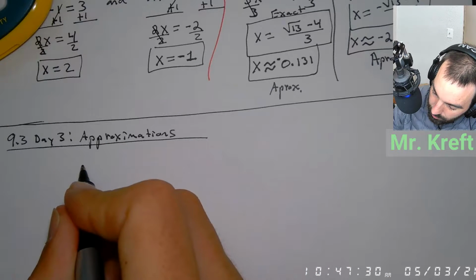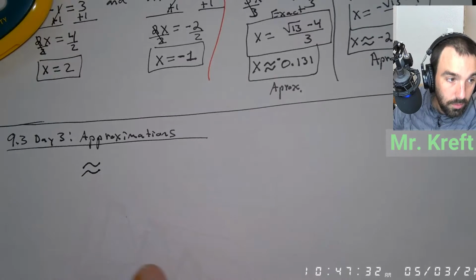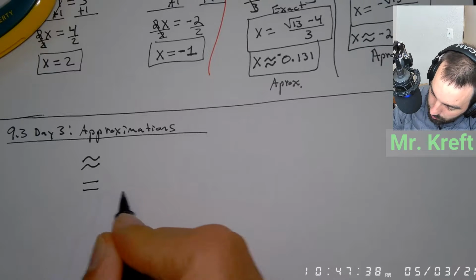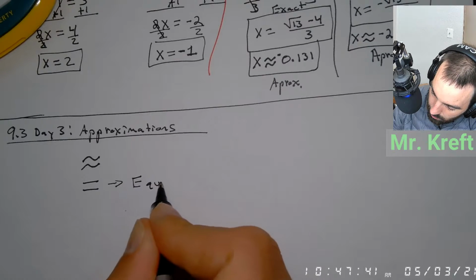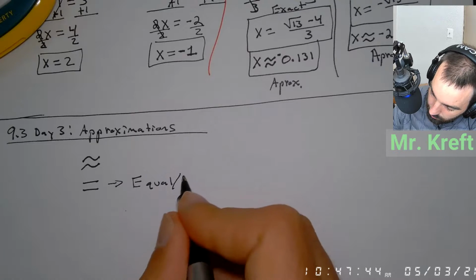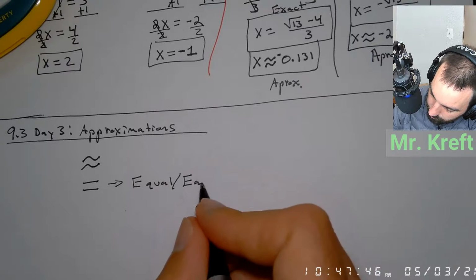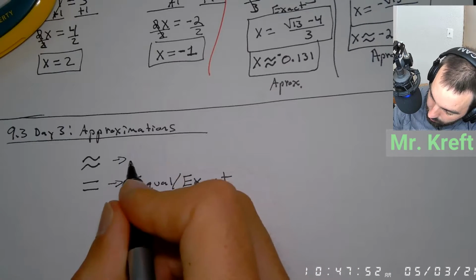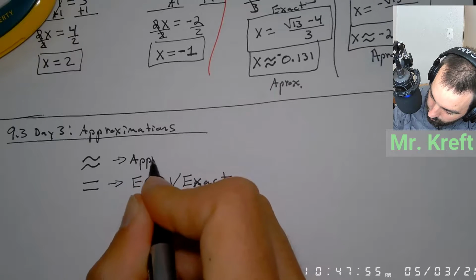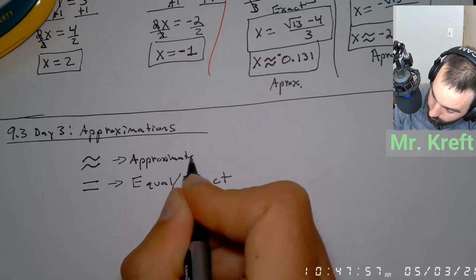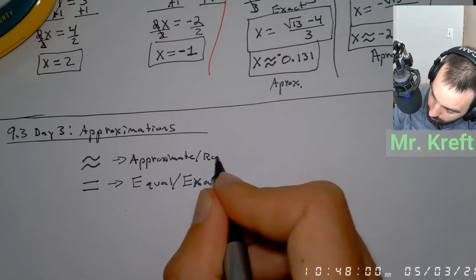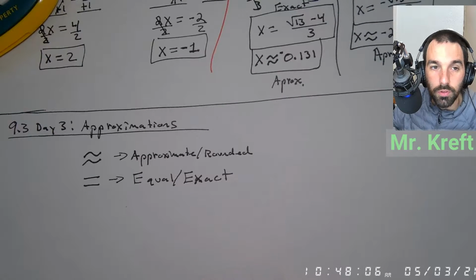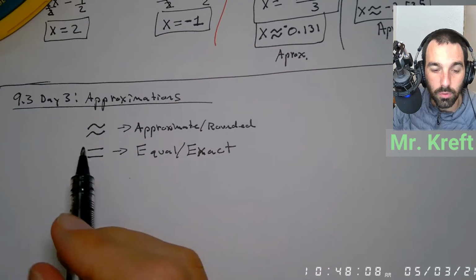Okay, and this symbol right here is equal, or exact. And this symbol right here is approximate, or rounded. So those are the new symbols we're going to be using right here.